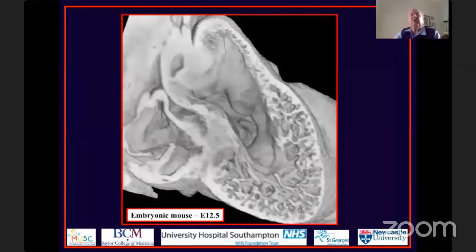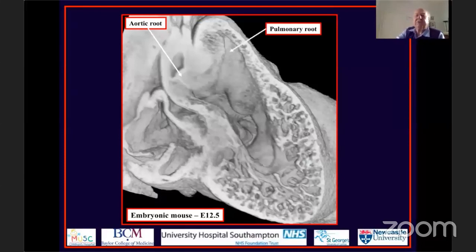And then if we look more proximally still, we find that although the intermediate part of the outflow tract is now separated to form the aortic root and the pulmonary root, the cushions or the ridges themselves have yet to fuse more proximally. We then know, nonetheless, that as development proceeds, these proximal parts of the cushions will themselves fuse together.